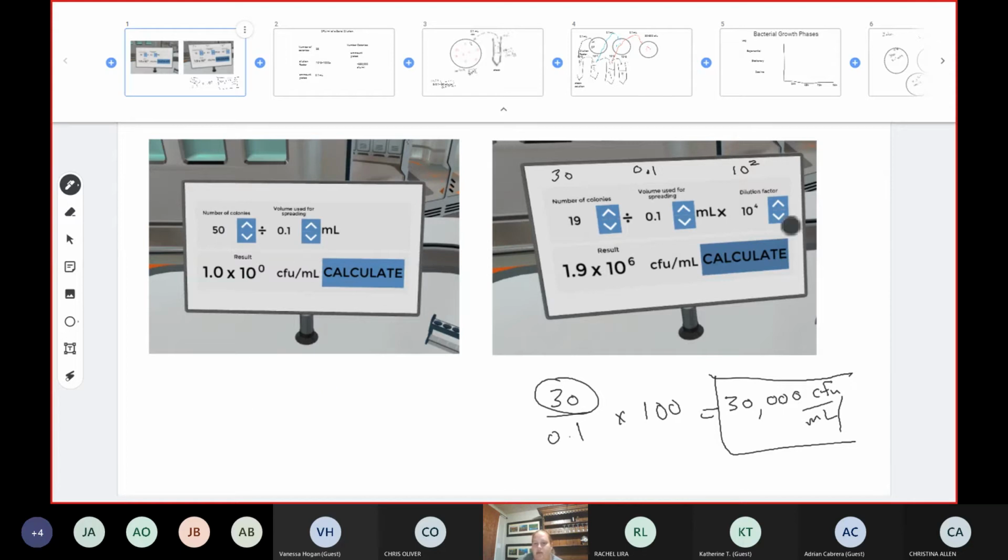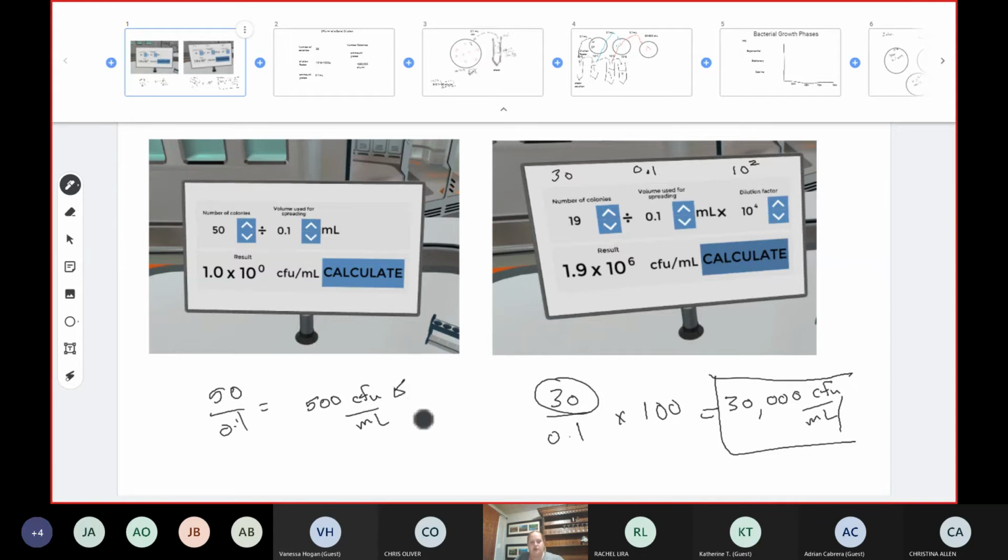So for this one over here, it would be basically assuming that we used our stock solution. There would be no dilution factor, and it would just be 50 over 0.1 equals 500 CFU per milliliter.